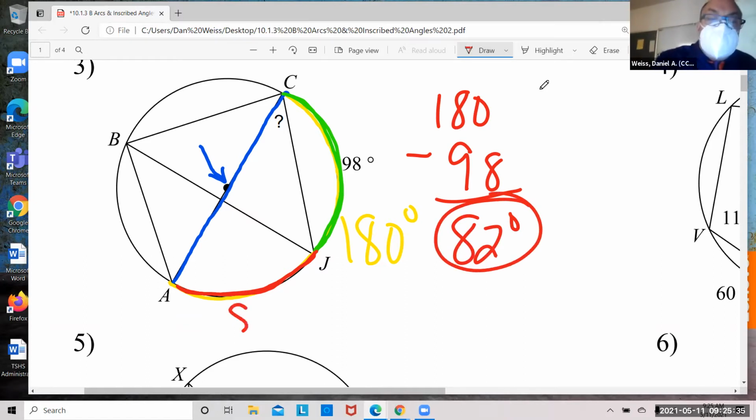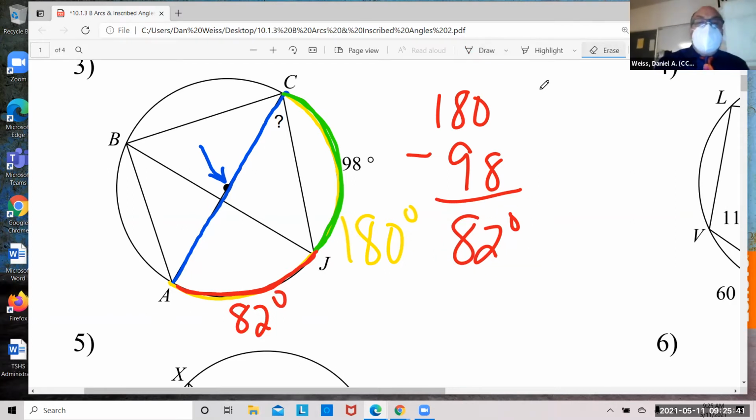This here is 82. Oh, that's not my answer though. Why isn't that my answer? Because I need this angle. That angle is half of 82. What's half of 82? 41. Why did I write 40?